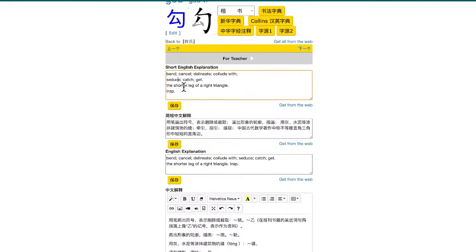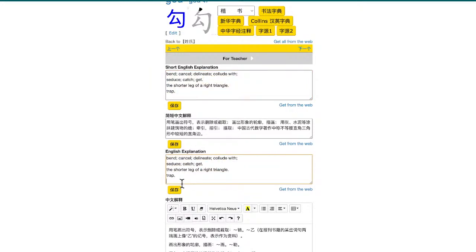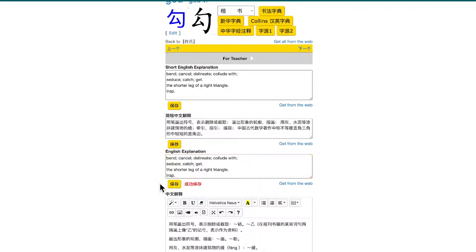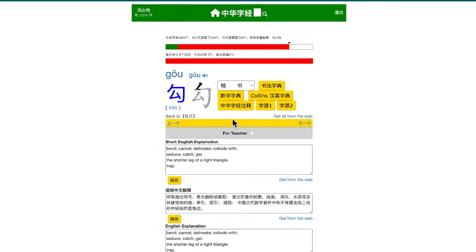So this has several meanings, but all of them are related to the bend, a hook. So this is go. Let's take a look at the character itself. This is literally a depiction of a hook. You see the oracle bone character: it draws a picture of two hooks hooked together, in different directions.